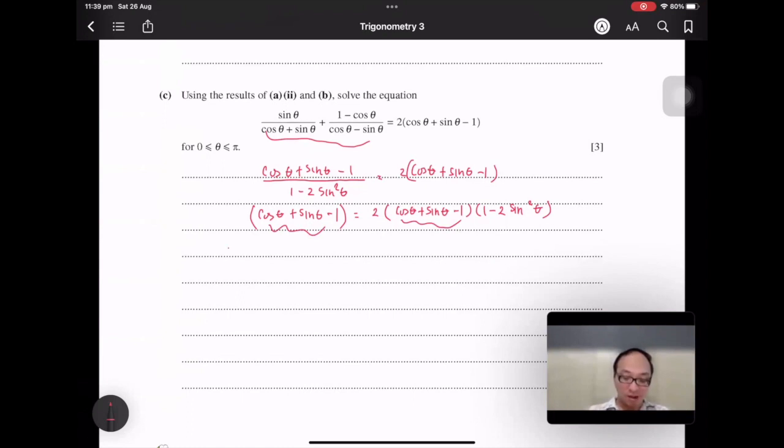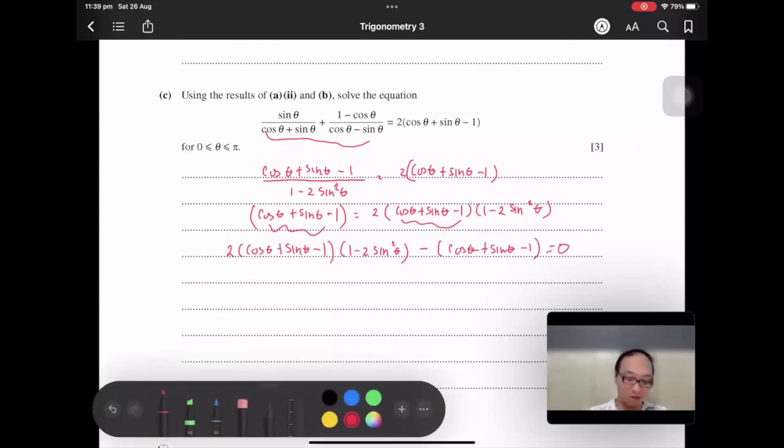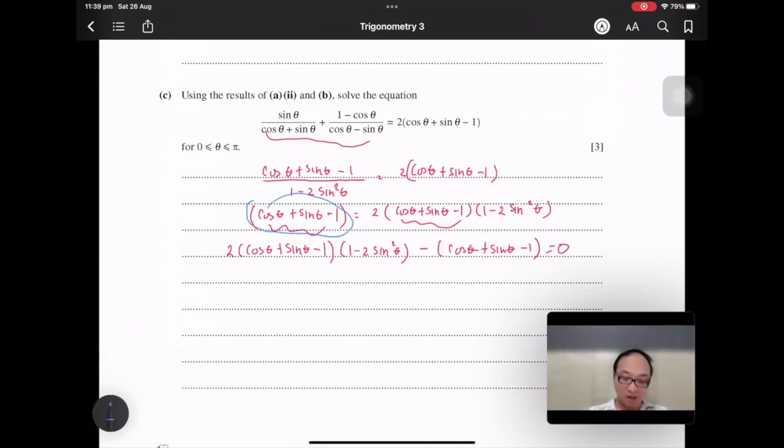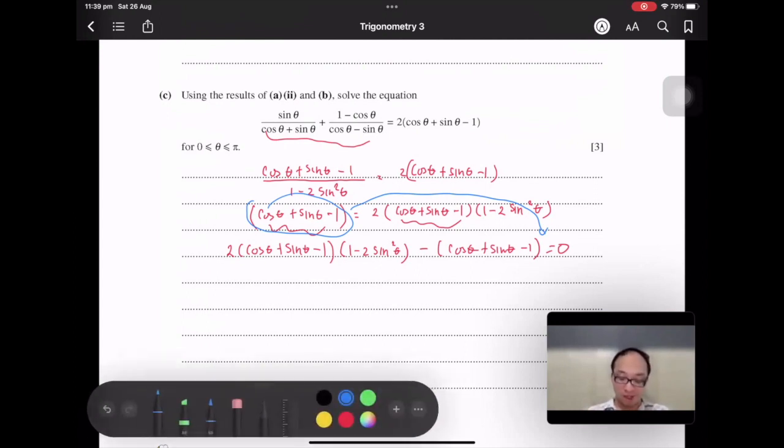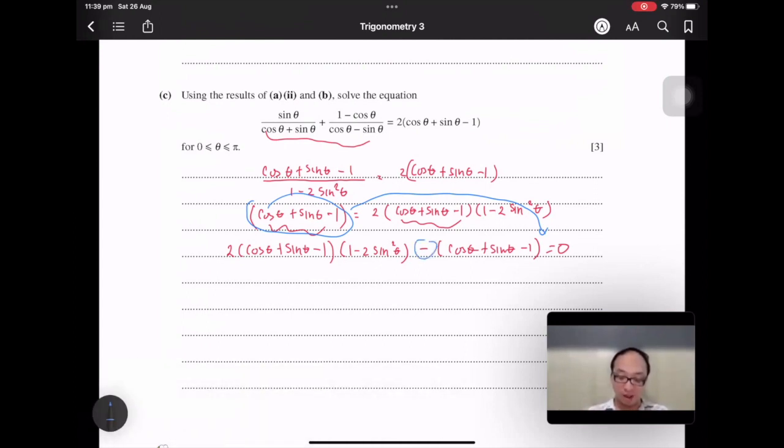So that means 2 times cos theta plus sine theta minus 1 times 1 minus 2 sine square theta, minus, so I move to the right, cos theta plus sine theta minus 1 equals 0. So in this case, I move this part to the right. Yeah, I combine it, and it becomes negative here.